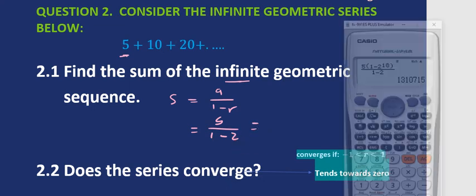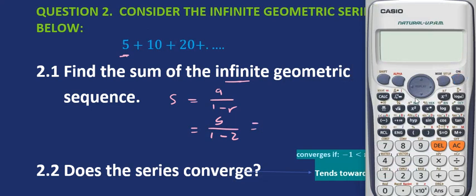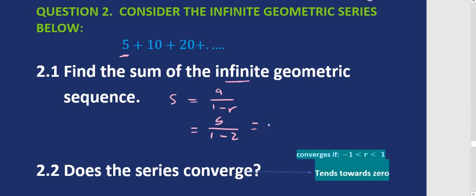This is basically how you would do it. Therefore the infinite sum of the geometric sequence will be -5. That is the infinite sum of all the terms in the sequence.